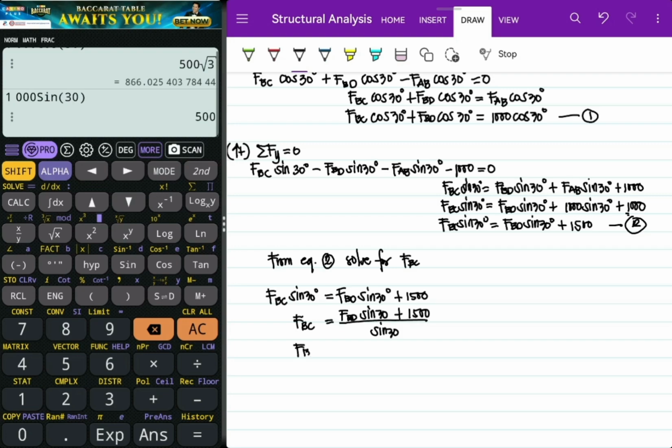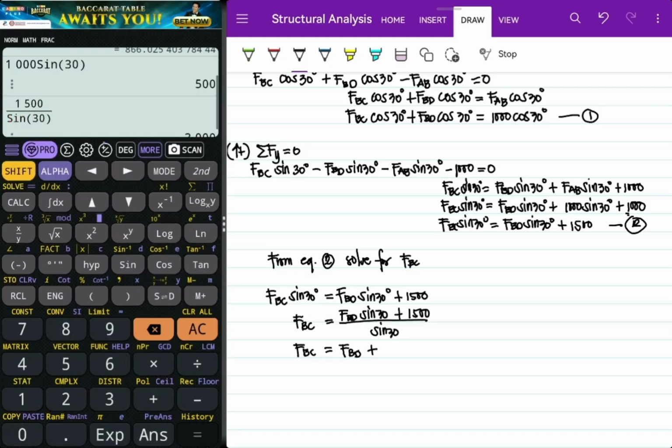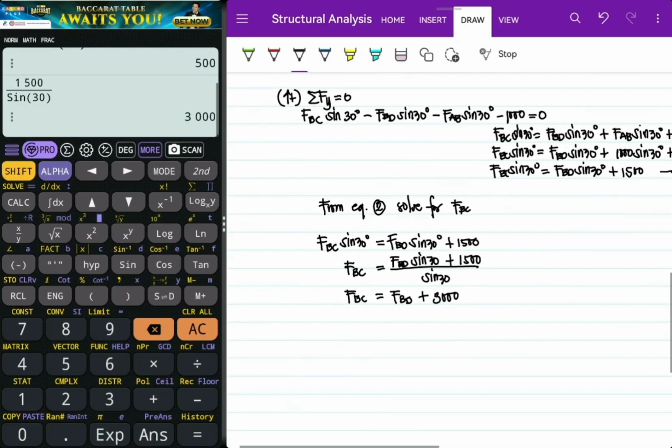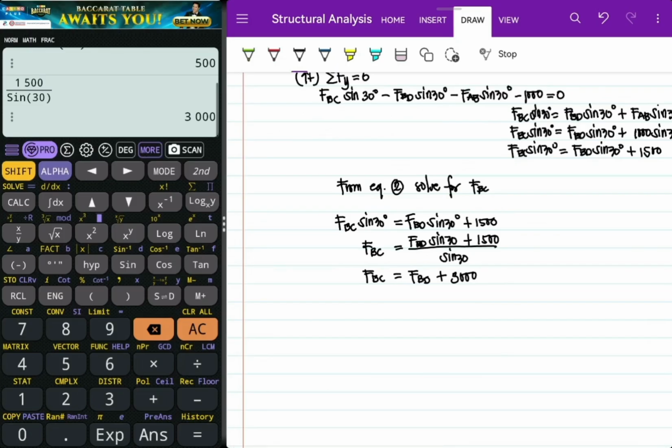Therefore, FBC is equal to FBD plus 1500 divided by sine of 30 degrees, which is 3000. This is plus 3000.